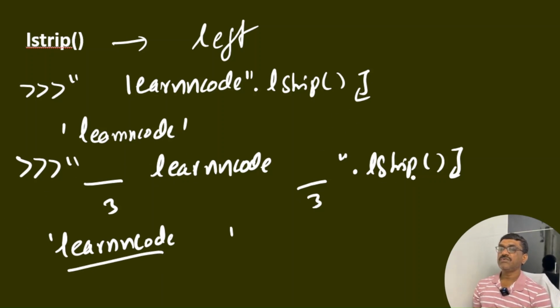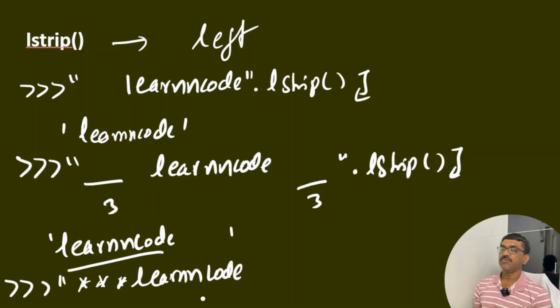Now, instead of using ordinary lstrip, if you want to remove the leading characters, it is also possible. See here, I'm writing in double quotes, 3 stars, learn and code. Same example I'm using.